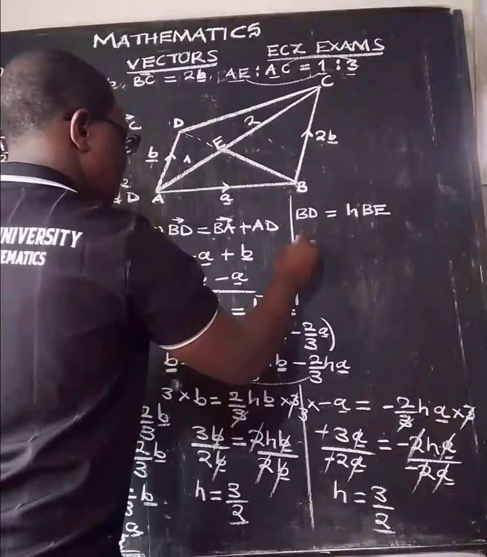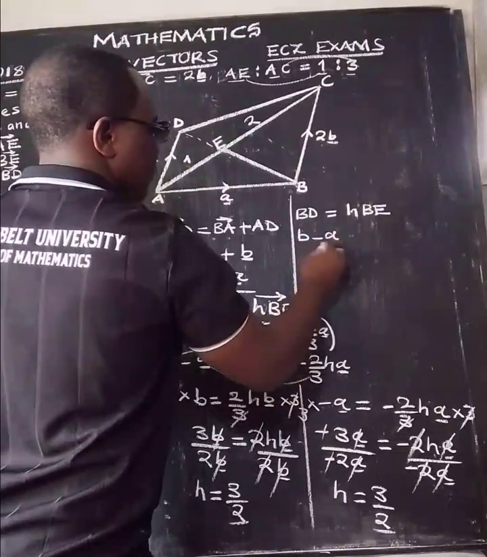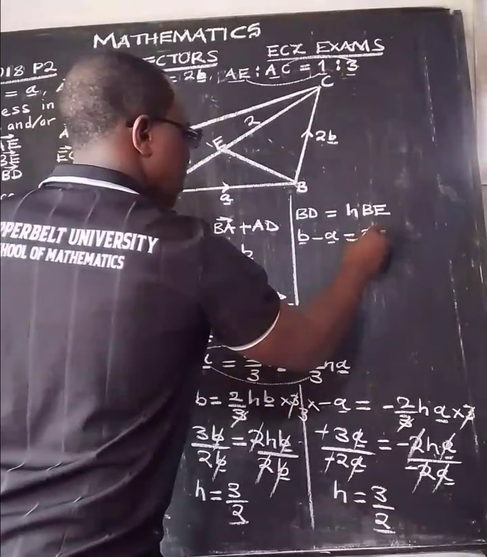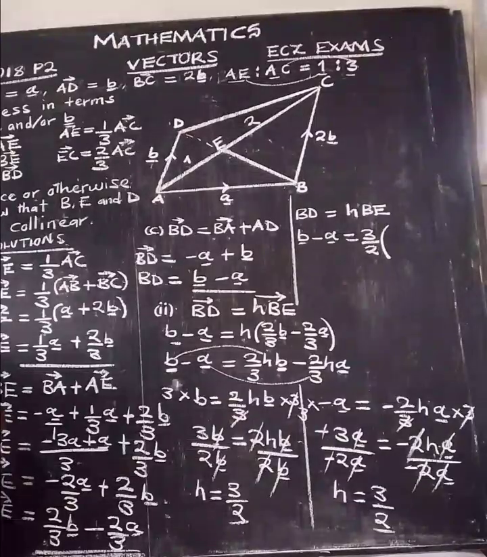Okay, now BD, it's B minus A, is equal to, what is our h? Our h is 3 over 2. What is our BE?